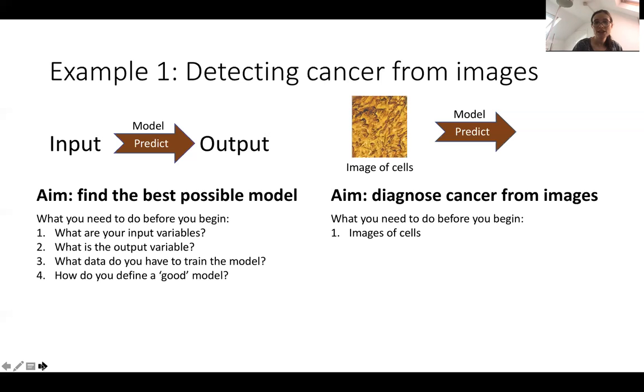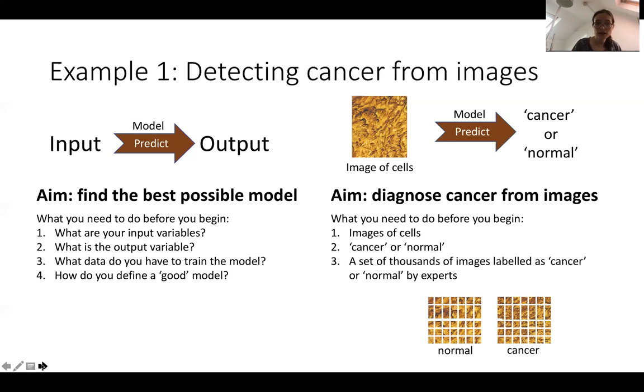In essence, you want to be able to give your model an image of a cell and have it make a prediction of whether those cells are cancerous or normal. So your output variable is a categorical label, in this case, cancer or normal.